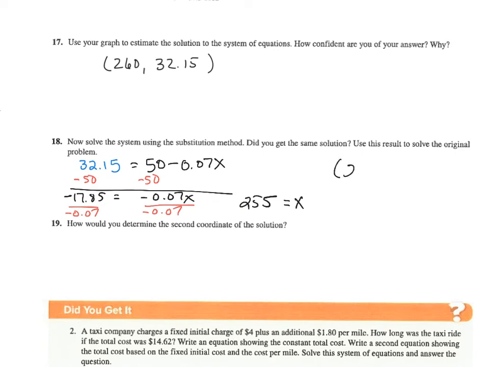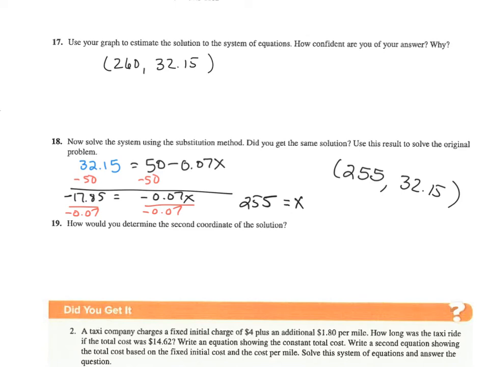So my ordered pair would be 255 for my x and 32.15 for my V. It says, did you get the same solution? No, we did not. And it says, how would you determine the second coordinate of the solution? Well, we already knew that the V was 32.15.